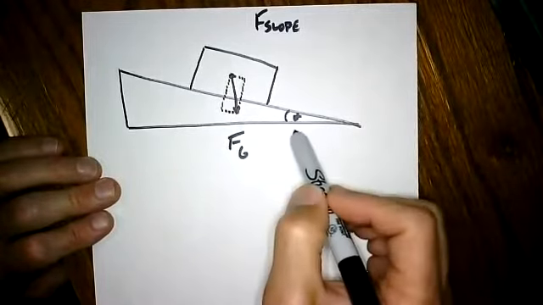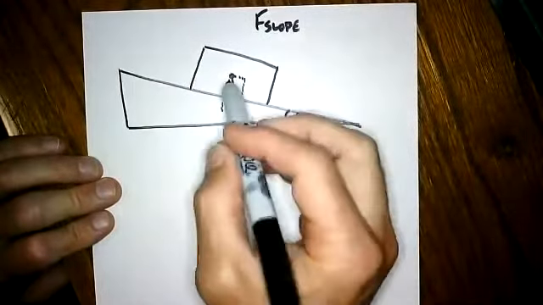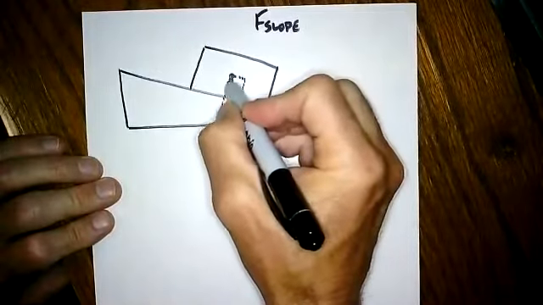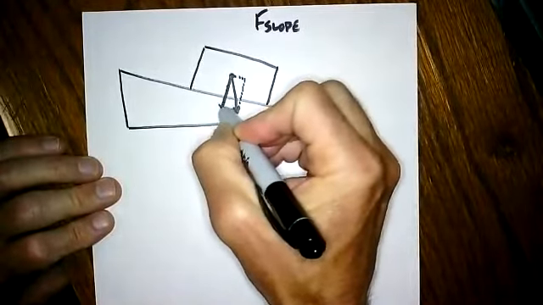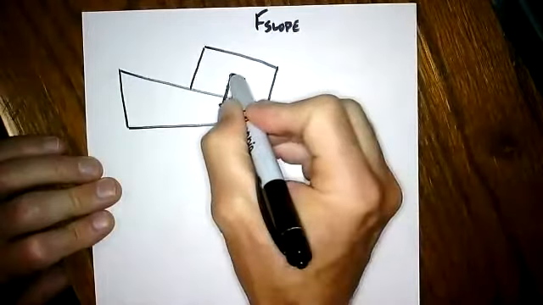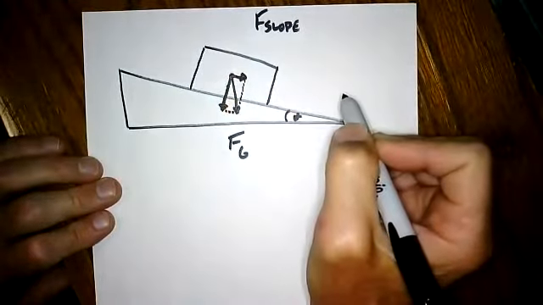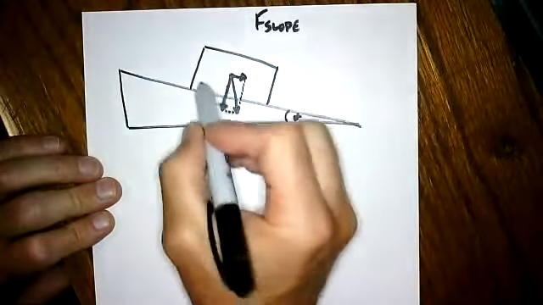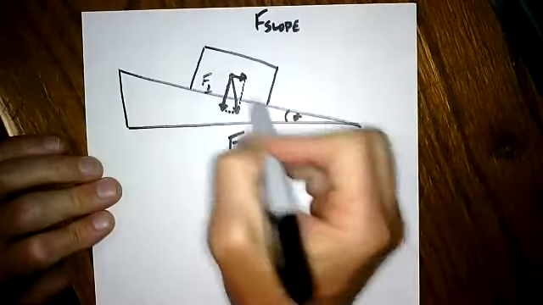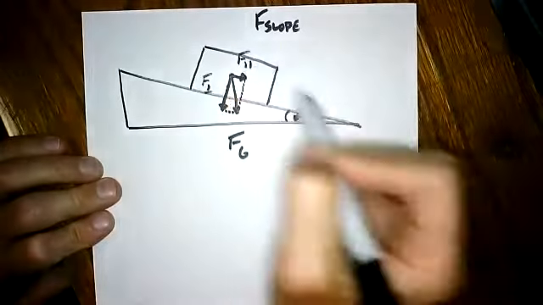Once I've drawn that rectangle, I end up selecting just this one side right here for my one force component and the other side for the other force component. This one right here is F perpendicular, and this one right here is F parallel.